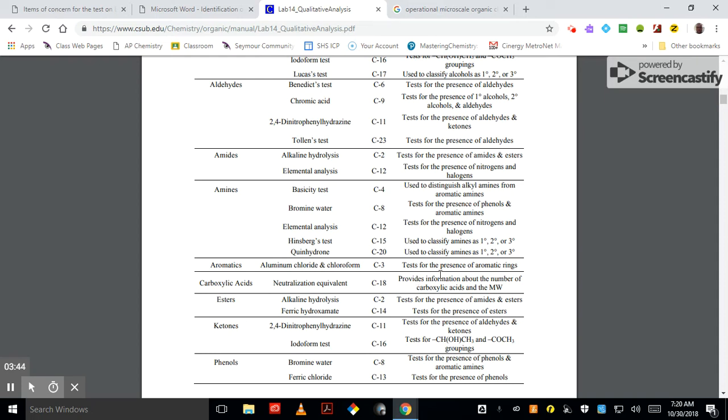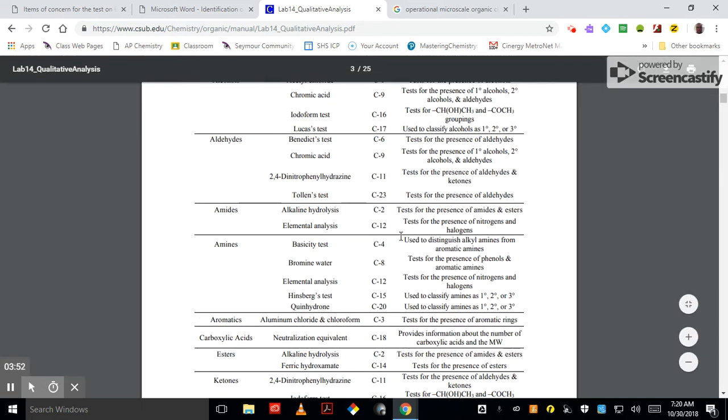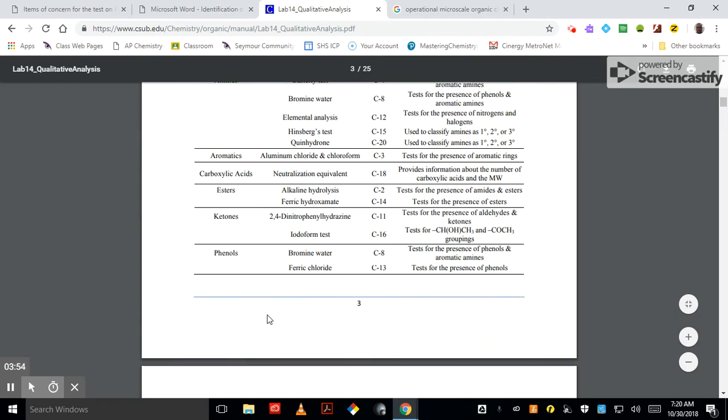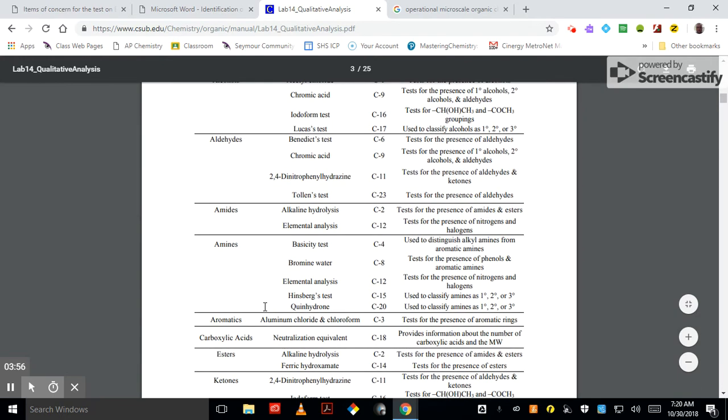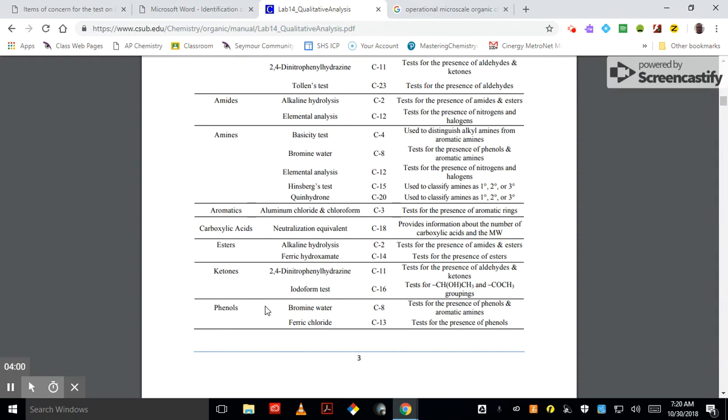I have limited your compounds to ketones, carboxylic acids, amines, aldehydes, alcohols, and alkenes. Alkene is not listed in this list, but we also will have alkenes.